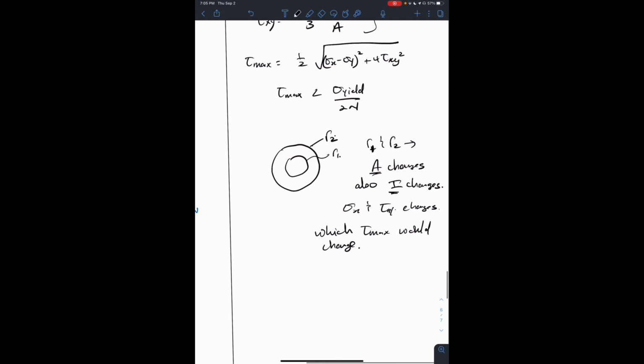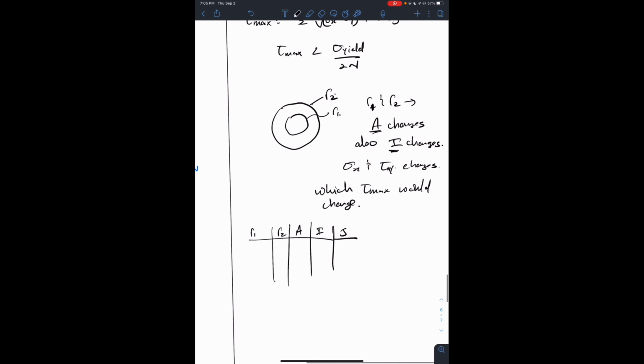So this is where we use Excel so that we could create a table. We have R1, we have R2, we calculate A, we calculate I, we calculate J because we had used J for beam 3, calculate tau xy, calculate sigma x, and we get tau max.